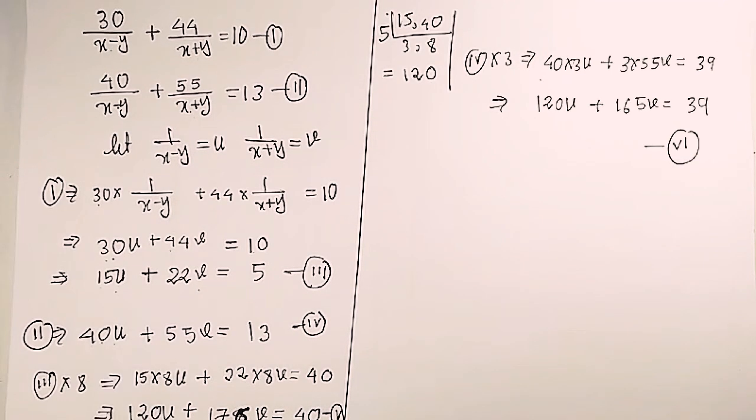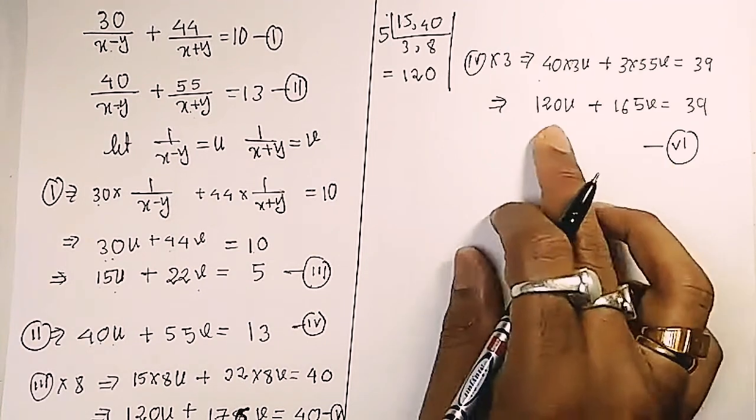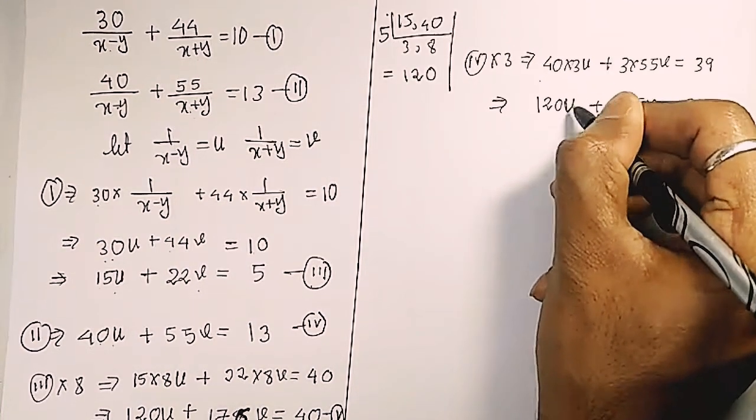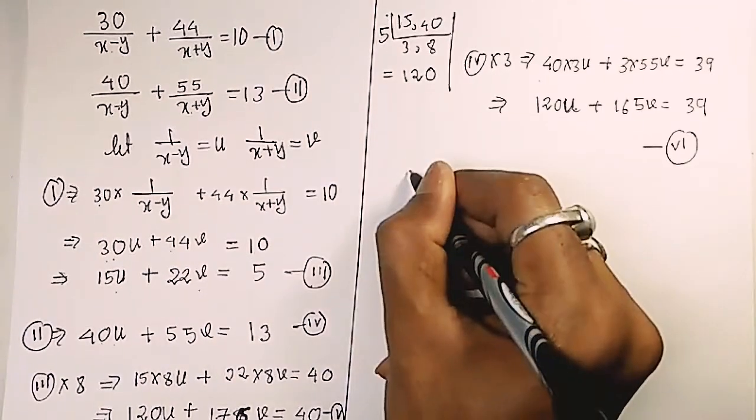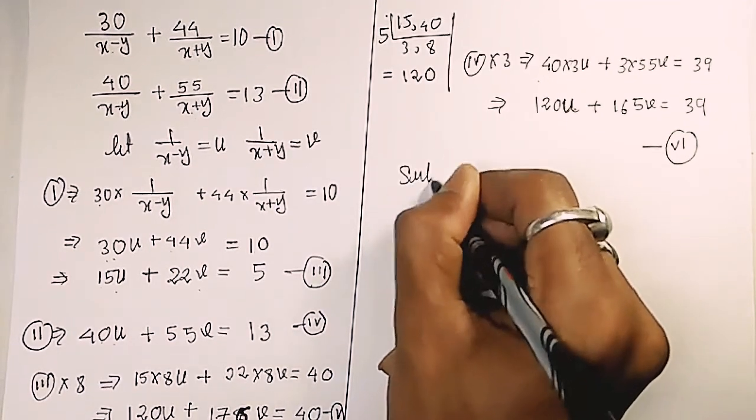Now in equation 5 we have 120u and in equation 6 we have 120u, so simply subtract.